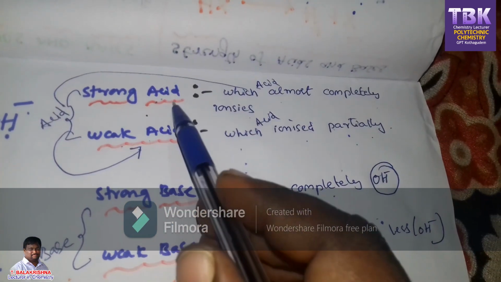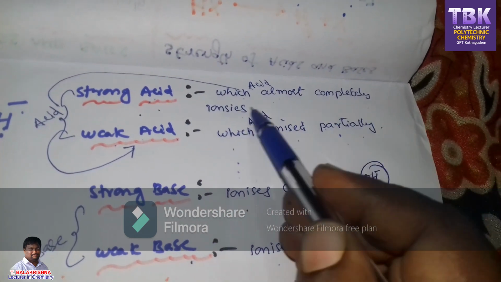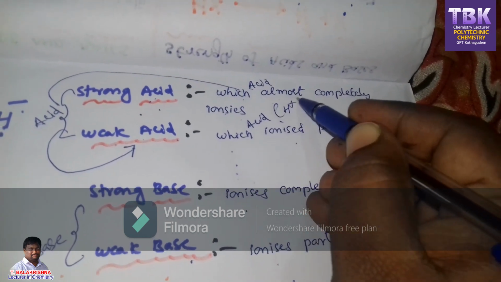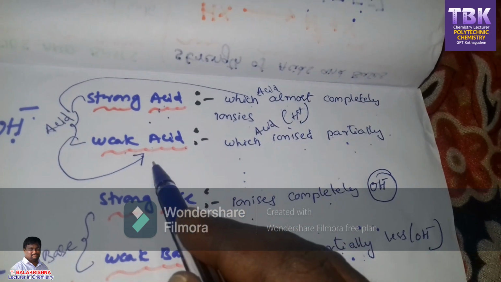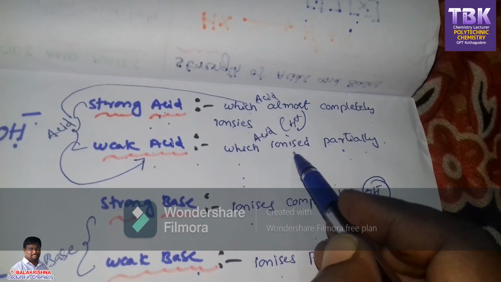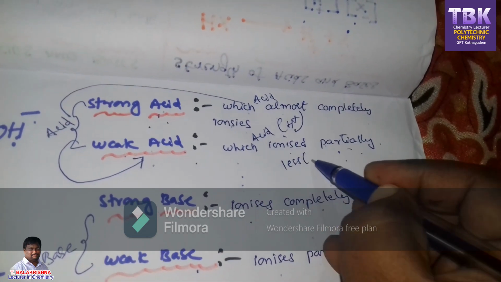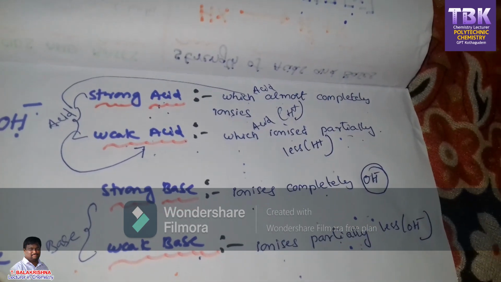The base which is partially ionized and produces fewer OH minus ions is called a weak base. The acid which is almost completely ionized and produces more H plus ions is called a strong acid. The acid which is partially ionized and produces fewer H plus ions is called a weak acid.